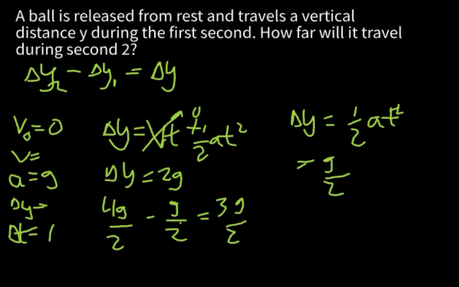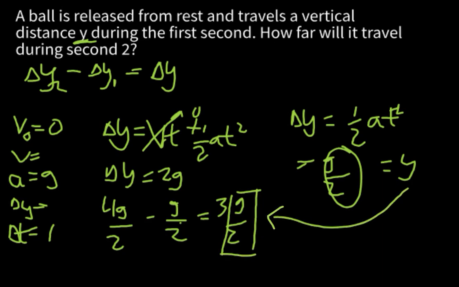Right? But we just want that in terms of y. Well, lucky for us, we already have that answer. This delta y here is just for second 1, and this equals the y in our problem. So if we take this value here, replace it with y, that tells us our answer is going to be 3y.